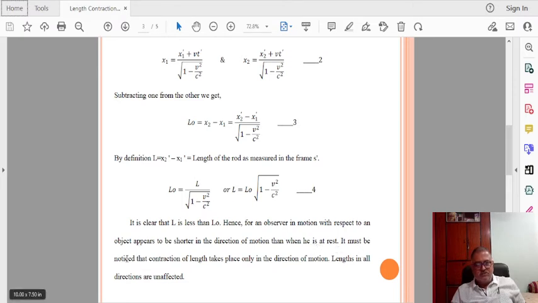It must be noticed that contraction of length takes place only in the direction of motion. Lengths in all directions perpendicular to the motion are unaffected.